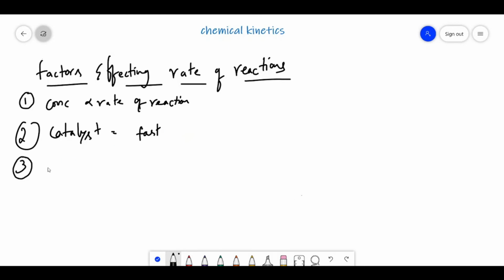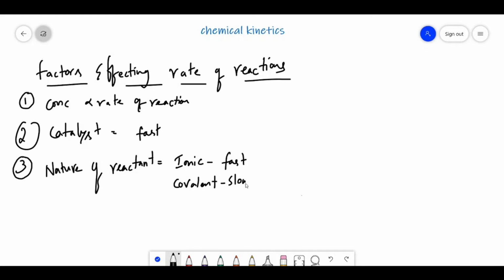And the third factor is nature of reactants. In the nature of reactants, if the given reactants are ionic, then the ionic reactions are fast. And if the given reactants are covalent, then the covalent reactions are said to be slow.